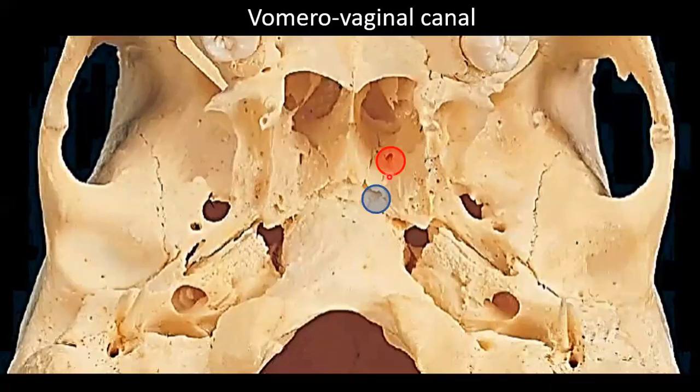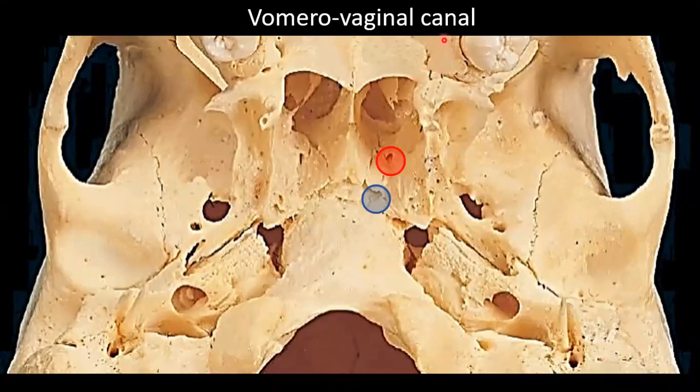Let us see how these openings are formed. These are very, very minute openings. Usually they are not even visible on the actual skull, but theoretically you should know what the palatovaginal and vomerovaginal canals are.